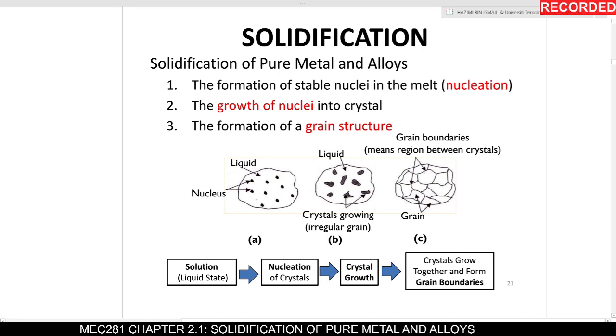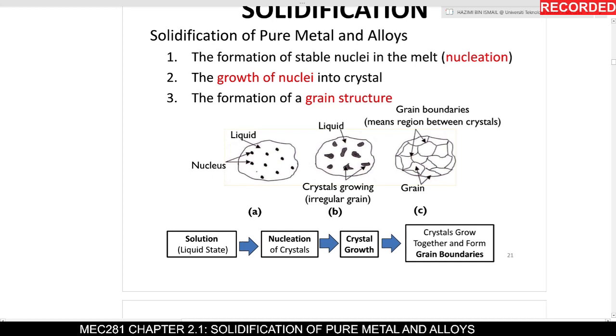So the process has 4 steps. Starting from the solution that we combine, then nucleation of crystals like this, then crystal growth. The crystals are the ones we learned in chapter 1: face centered, body centered, the FCC, BCC crystals. And the crystals grow together and form grain boundaries. Okay, these are the processes of how it forms into a solid.